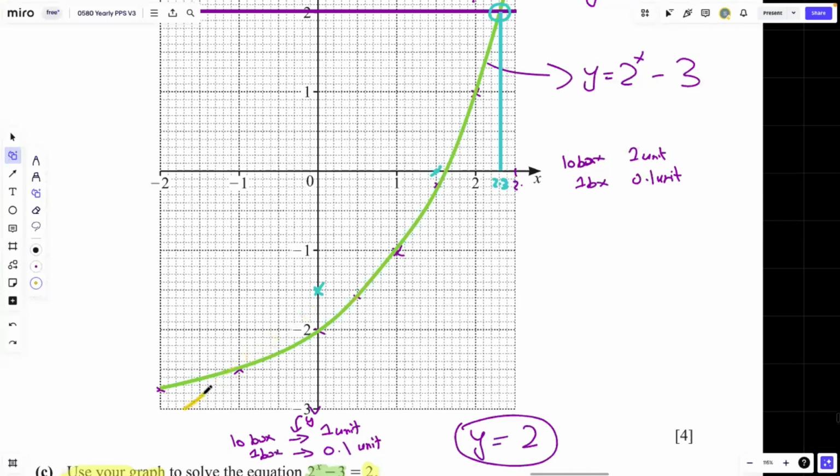Okay, we have to actually extend the line fully here, in order to check the points of intersection. Yeah, so that's going to be the line.